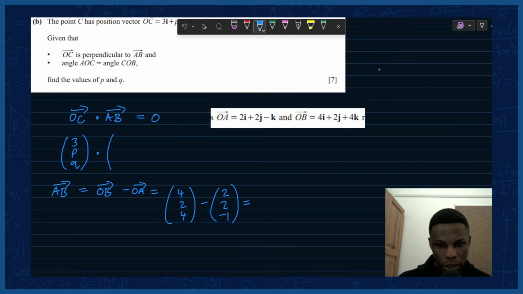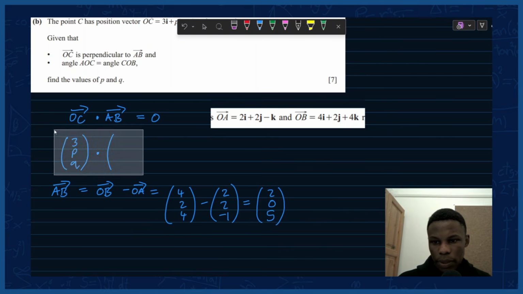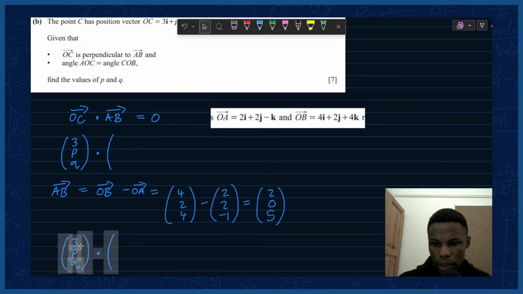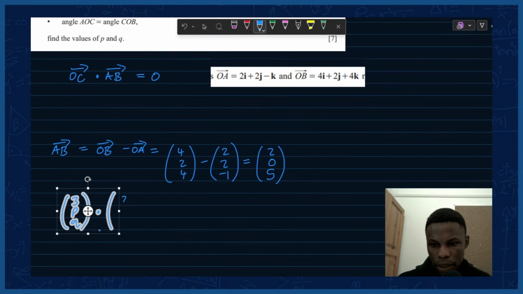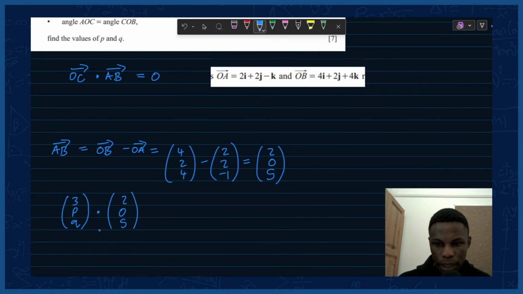So that's 4 minus 2, which is 2. 2 minus 2, which is 0. 4 minus minus 1, so that's 5. So that's AB. So we can substitute our AB here, it's (2, 0, 5), and this dot product is equal to 0.